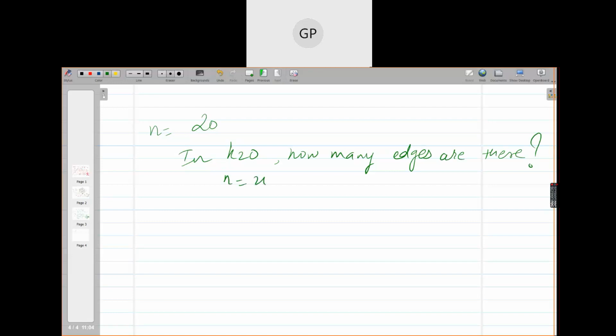N is 20. 20 into 19 divided by 2. So that is 190. Exactly, 190. Now I will twist the question. I'm going to ask you a different type of question based on the complete graph concept.